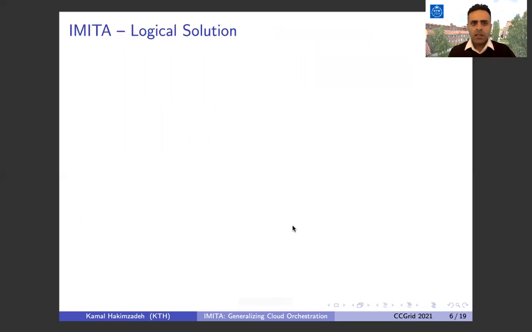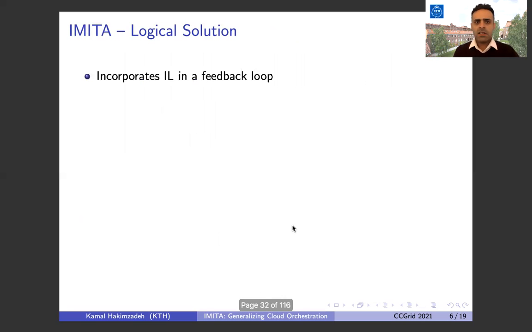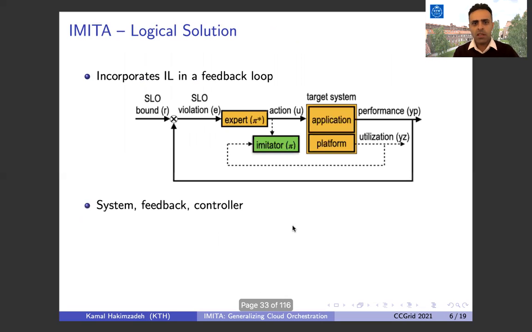How do we incorporate Dagger, or imitation learning, in our solution? This is our logical solution, which is based on a classical feedback loop of cloud control. In the feedback loop, we have a system that we would like to control, and a controller that controls the system based on some feedback that it receives from the system.